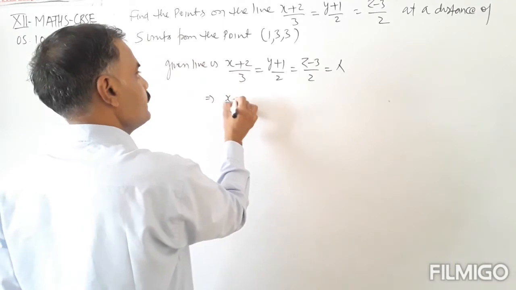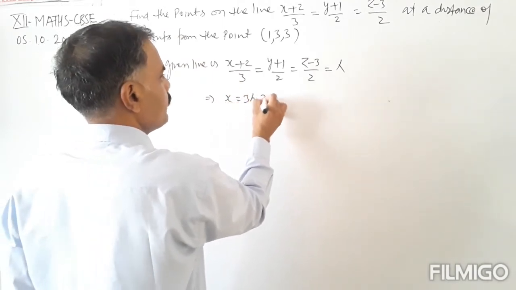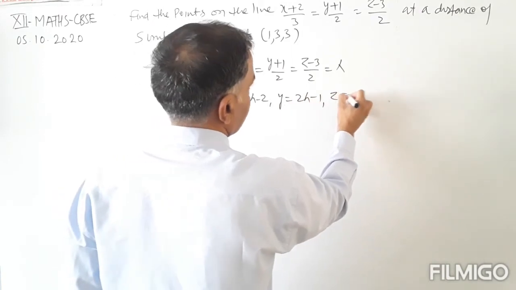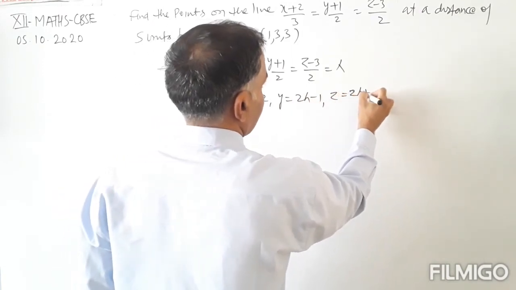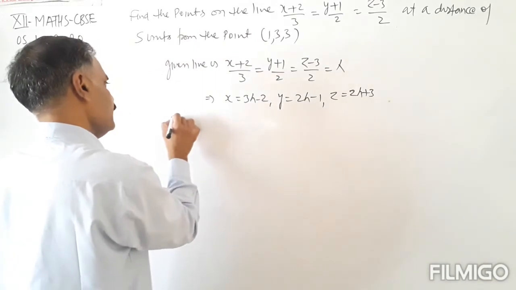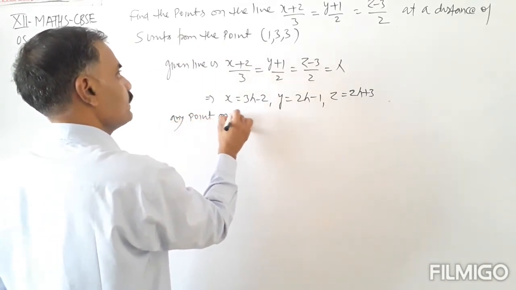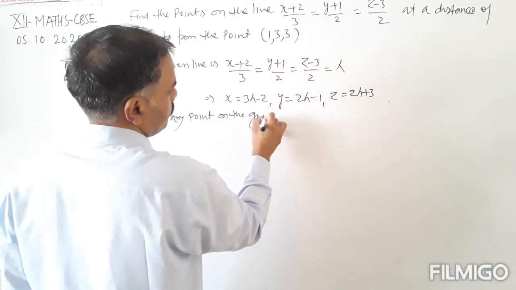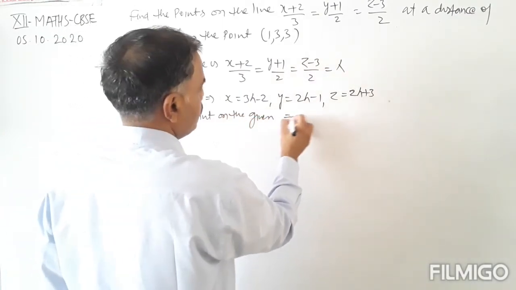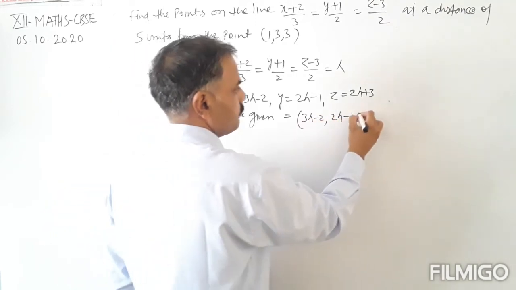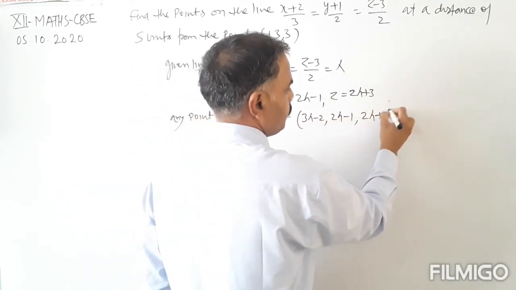So x is equal to 3 lambda minus 2, y is equal to 2 lambda minus 1, z is equal to 2 lambda plus 3. So any point on the given line is (3 lambda minus 2, 2 lambda minus 1, 2 lambda plus 3).